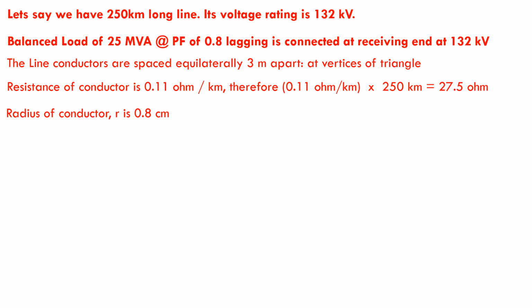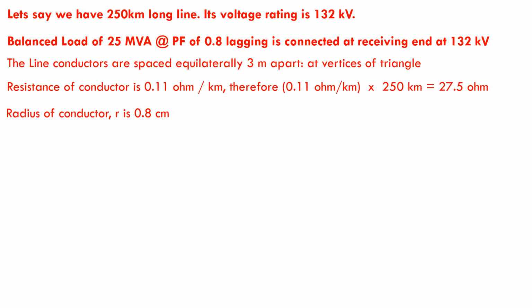Before discussing the derivation of the ABCD parameters for medium transmission line with end condenser model, let us take one simple example. Let us say we have one line of 250 km long and the voltage rating of this line is 132 kV. A balanced load of 225 MVA at the power factor of 0.8 lagging is connected at the receiving end with a voltage of 132 kV.